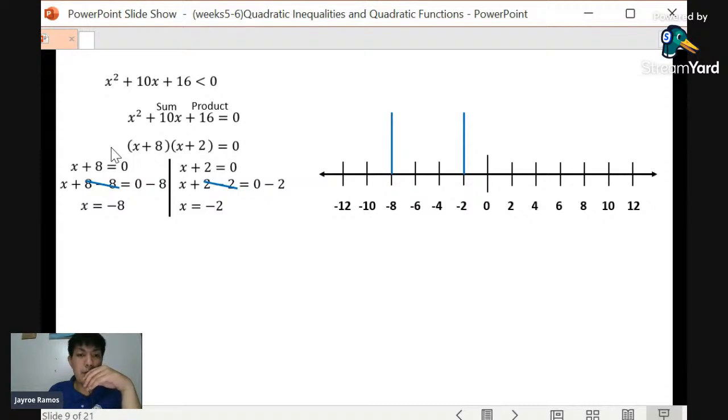So yung pinakakaliwang part, ano po kaya yan? Ano kayang inequality yan? Ang given natin, kung mapapansin nyo, less than 0, okay? So wala siyang guhit sa ilalim, so hindi rin tayo gagamit ng may guhit sa ilalim or yung may equal. Anong inequality ang mabubuo natin dito sa area na to? Nasa left side siya ng negative 8.